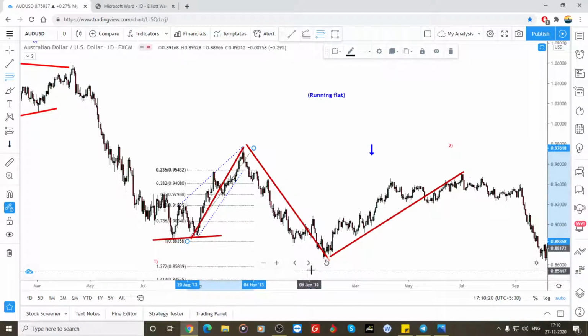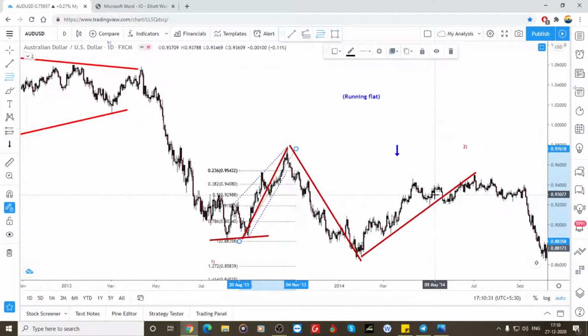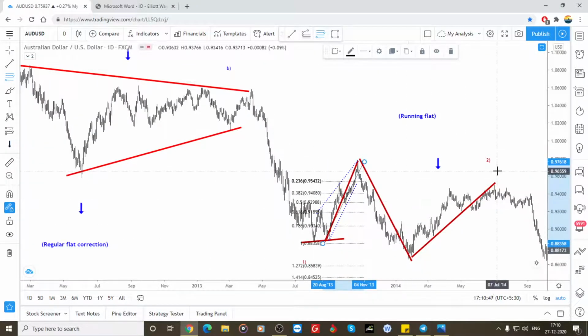It has to decline, but most of the time, if the volatility is very high, it can go below to 1.618 also, and then again it can come back to your zone. That is also acceptable, but most of the time it is 1.272. It will hit that 1.272 zone, and then again it can make a 5-wave structure here, 1 2 3 4 5, and it has already completed that as a running flat pattern in wave 2.